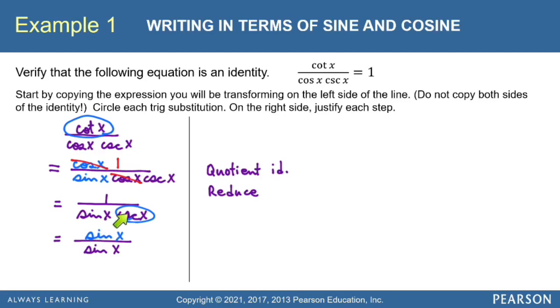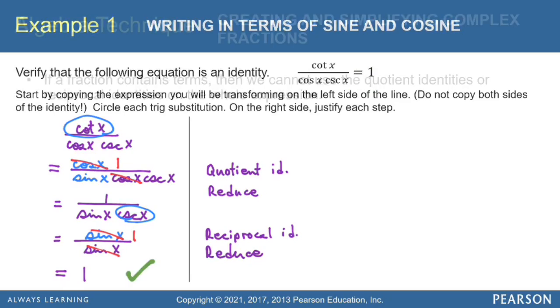Now I need to write down what kind of identity I used to do that, and that would be a reciprocal identity. And now sine of x divided by itself reduces to 1. So I'm going to write again that I reduced, and then what's left of the expression is just a 1, and that matches what we have on the right side. So that's how we know we're finished.